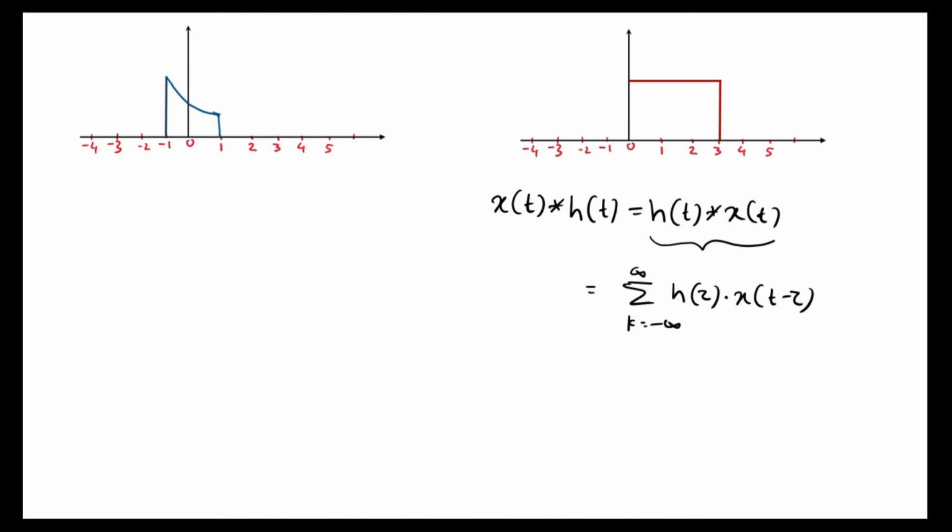Therefore we'll consider h of tau as the fixed signal and x of t minus tau we will shift. This is the h of tau signal, obtained by replacing t by tau, and this is the x of tau signal. The value of h of tau is e power minus 2 tau. Now let's draw x of t minus tau, which is obtained by taking the reflection of the x of tau signal.